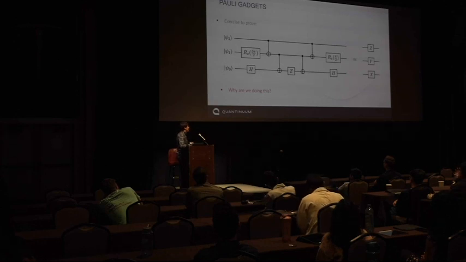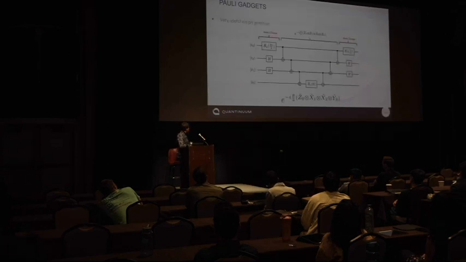Now, why are we doing this? It seems like we've just overcomplicated these simple 1 qubit gates, and made this horrible entangled mess. Basically, the idea is that if you swap the Z to an RZ, you can get this multi-qubit operation.